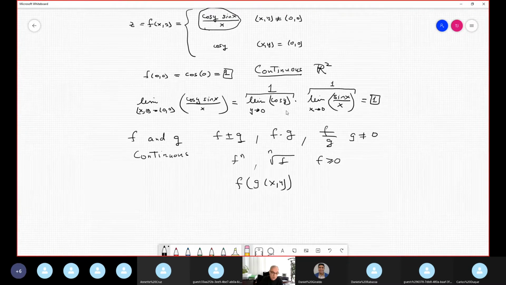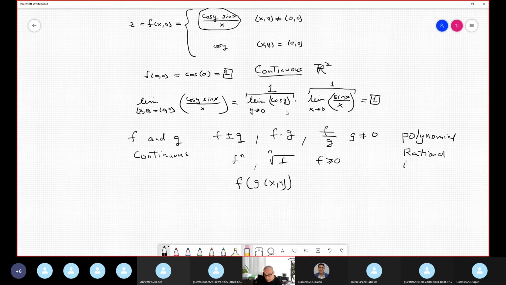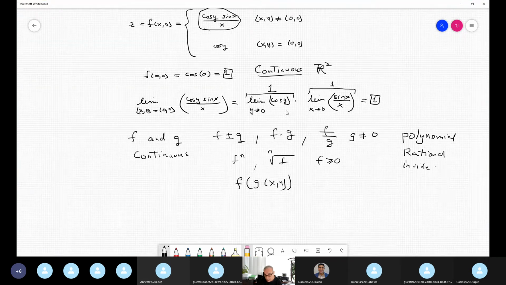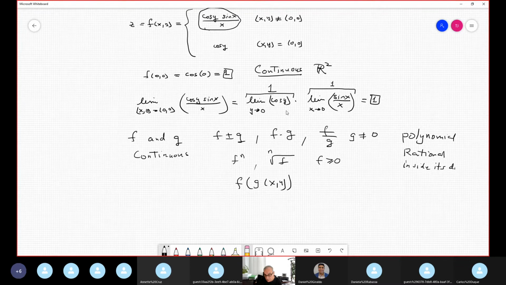So the combination of the functions, for example, the classical polynomial, is continuous; rational, inside the domain, is also continuous, but if it's outside, of course not.